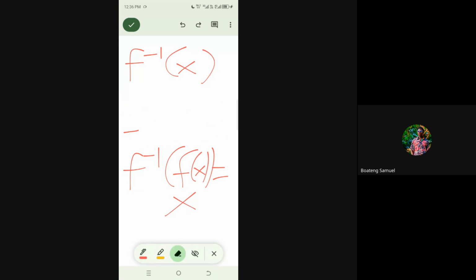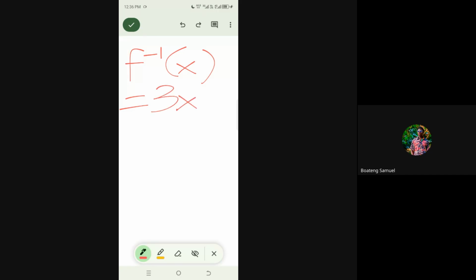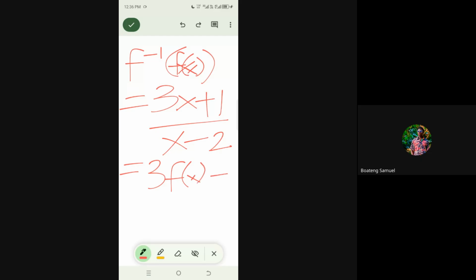Because you'll be using the inverse, which is equal to 3x plus 1 all over x minus 2. But when it is f of x, wherever you see x, you put f of x there: 3 f of x plus 1 all over f of x minus 2.